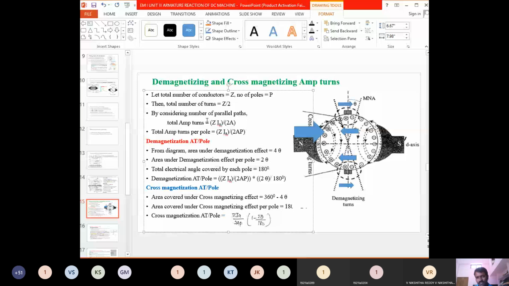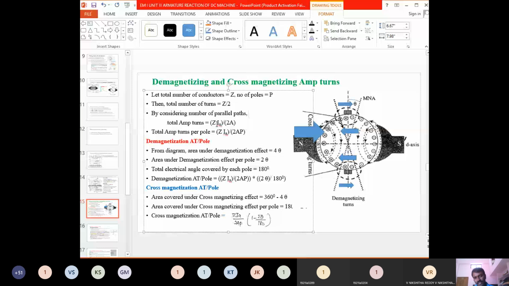If you have running notes, you can continuously note this down. If I want to convert this into ampere turns, I need to multiply by Ia and divide by the number of paths, A. So Z into Ia by 2 into A. So this is the total ampere turns.